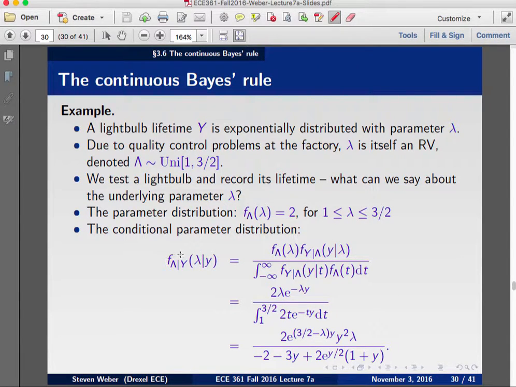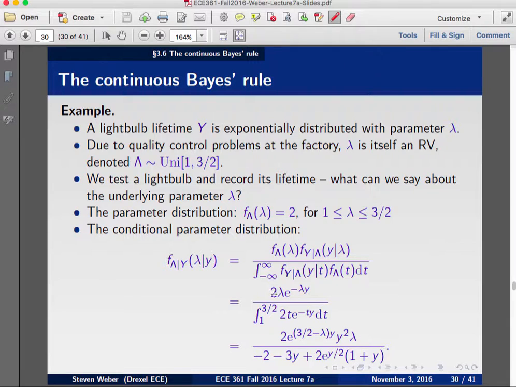So now we're applying Bayes' rule. We're asking for the probability density of the quality control parameter lambda given the light bulb lifetime y. To get access to this, we're going to use the density of lambda, which is the uniform distribution, and the conditional distribution of the lifetime given the parameter lambda, which is the exponential distribution.